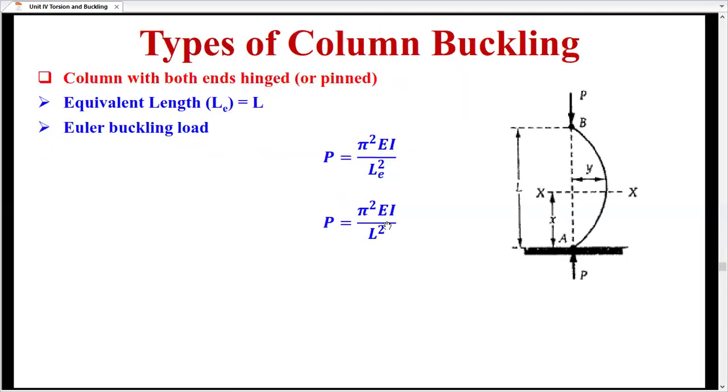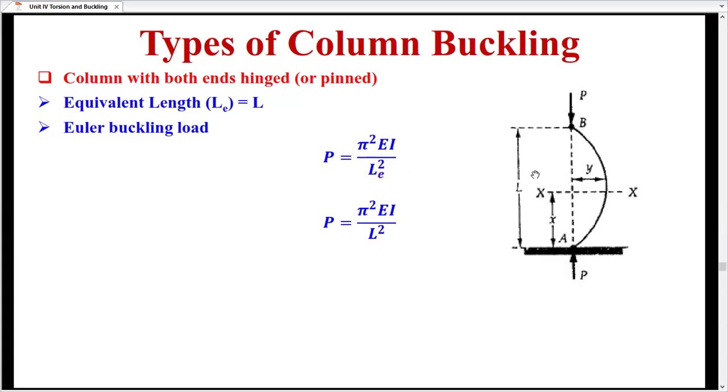Okay. Now look at the equation pi square EI upon LE square. Initially, consider a column with both ends hinged. This is the initial position of the column and this is the buckled position of that column. When we consider a column with both ends hinged, buckling will occur in this direction. So P equals pi square EI upon LE square.